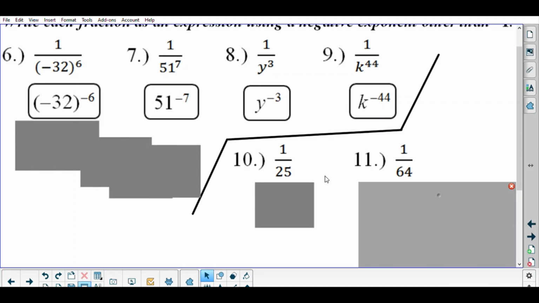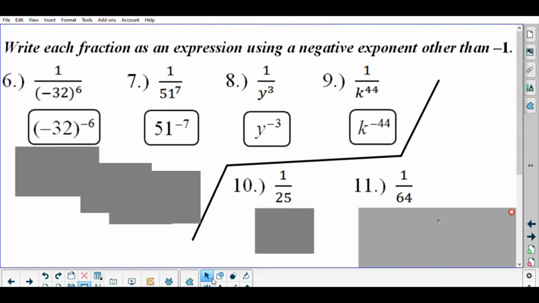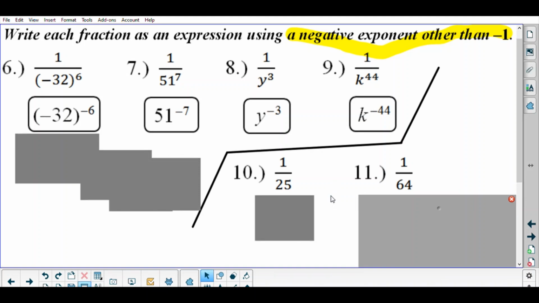Now, 10 and 11 are a little interesting. Remember the directions said that you are supposed to write these with a negative exponent other than negative 1. Forgive my poor highlighting job there. So if you are going to write number 10 as 25 to the negative 1 power, you can't, because the directions said not to do it with an exponent of negative 1.